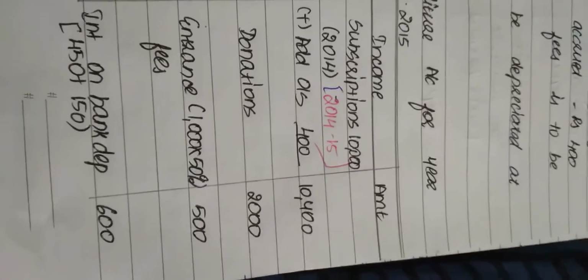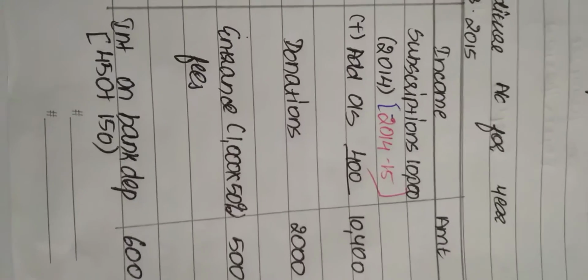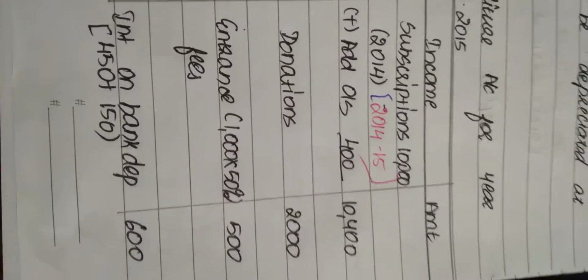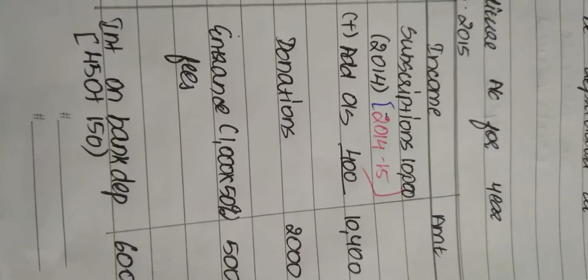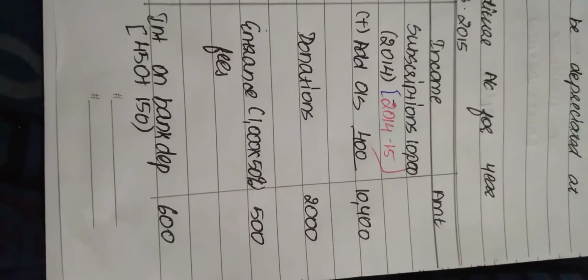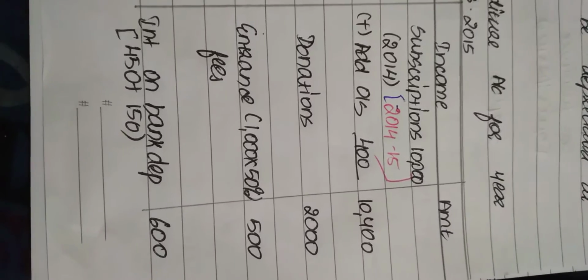That means you take only the subscription for 2014 to 15. So 10,000 plus the outstanding subscription, that is 400. So 10,400.